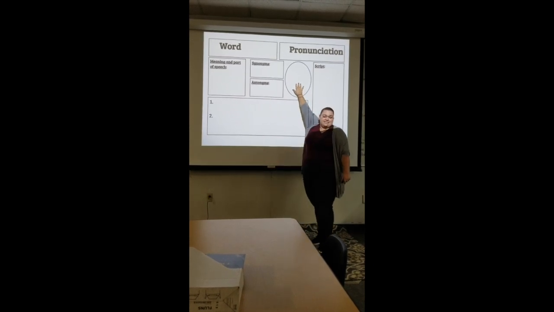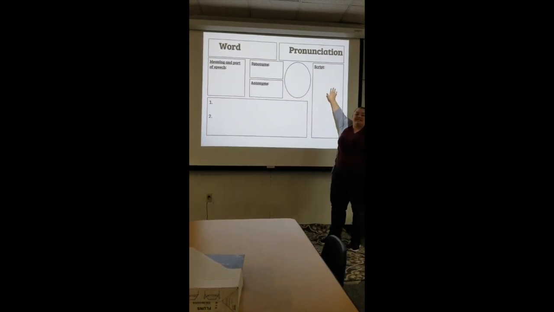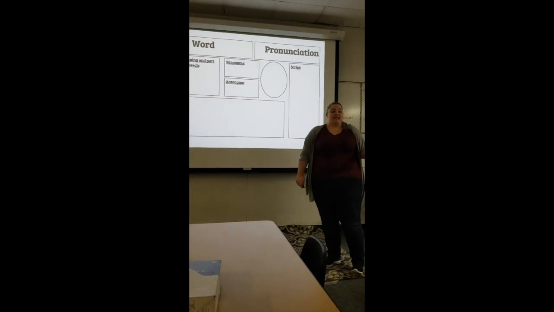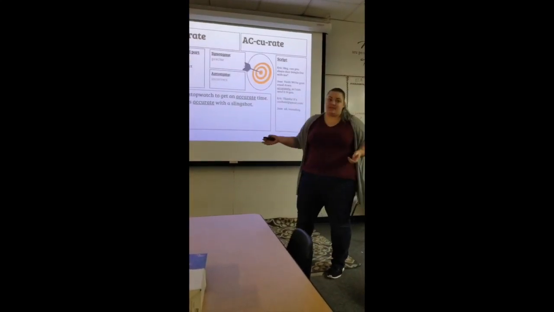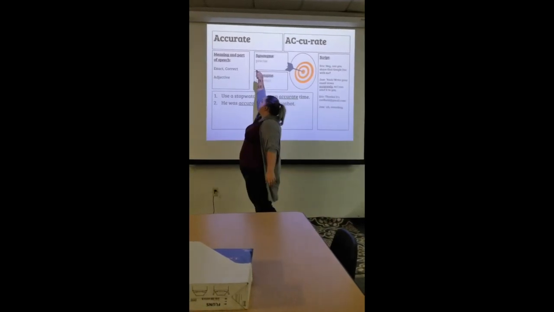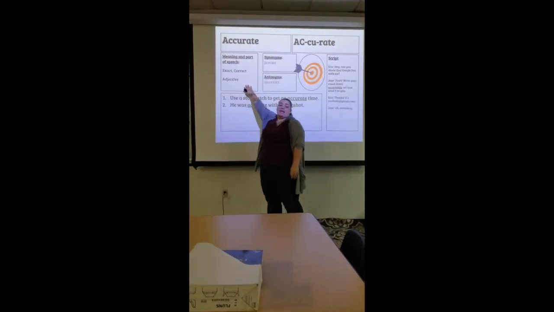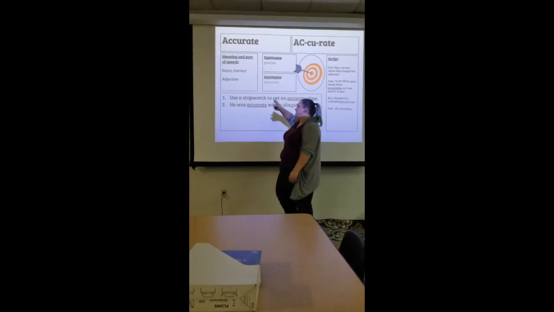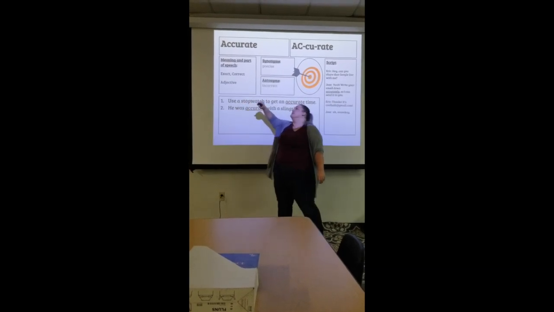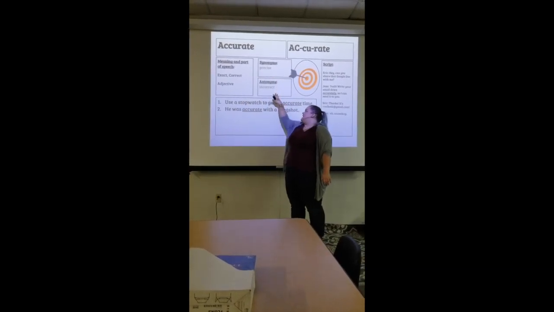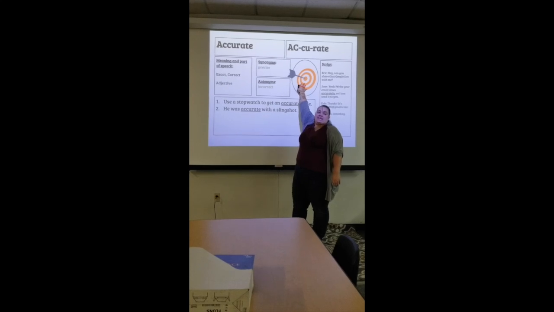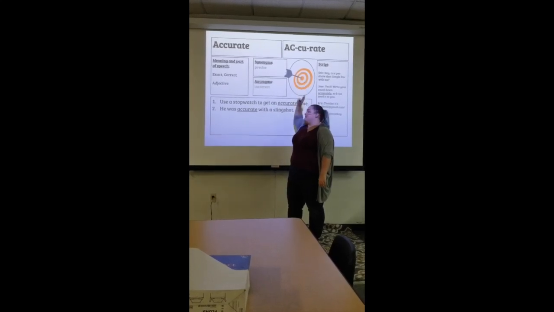They're giving us an image, but then they're also creating a dialogue. You look at a couple of examples. The first one is for the word accurate. We have the word written up at the top, then we've got the meaning and the parts of speech connected to it so they know what part of speech it should go into. We've got the synonym and the antonym, and we have a visual representation of the word, a pictorial representation.